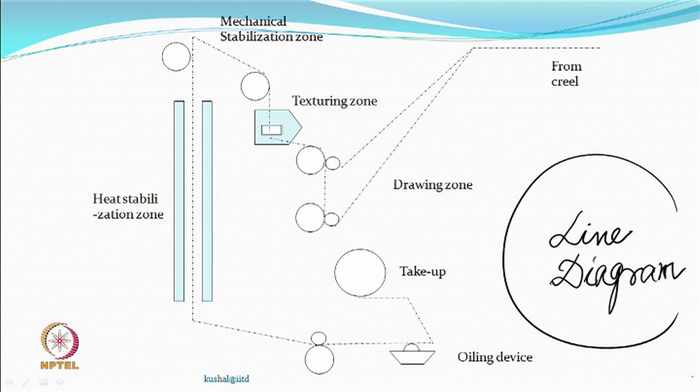So, you have a creel from where you can pick up the yarn to be texturized. Interestingly, this can happen that you may have a fully drawn yarn for texturizing, or you can have a POY for texturizing.